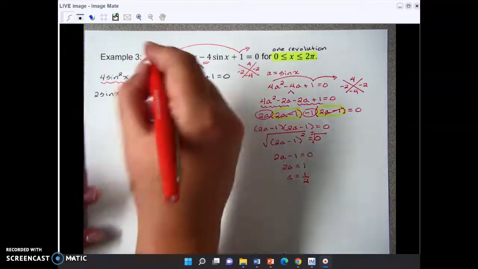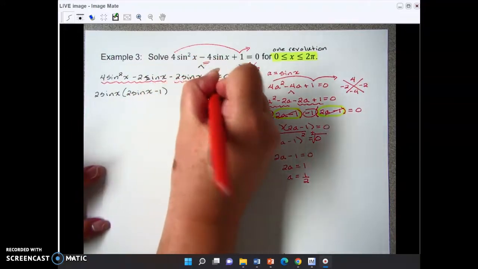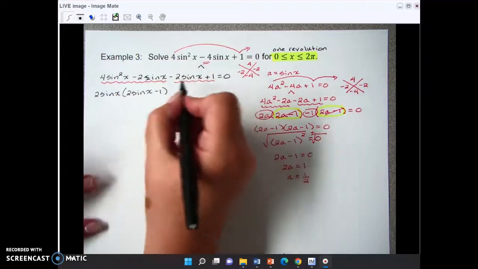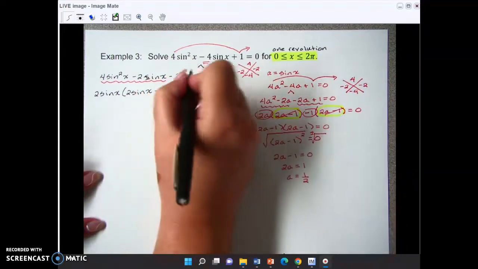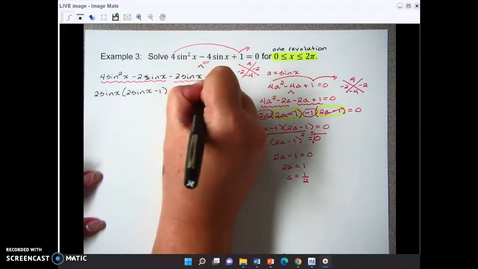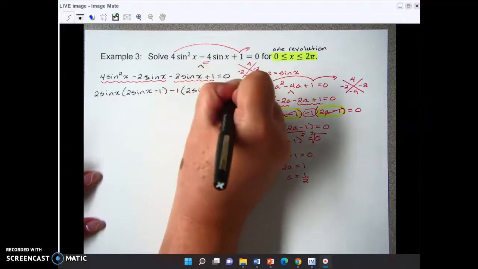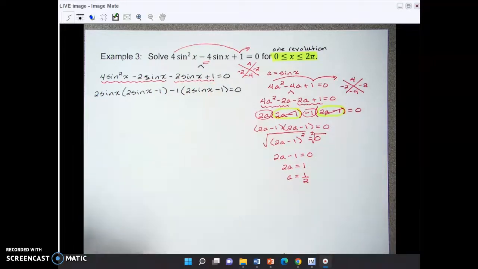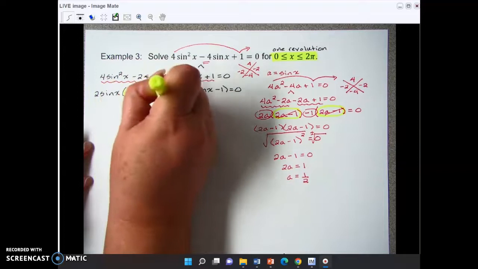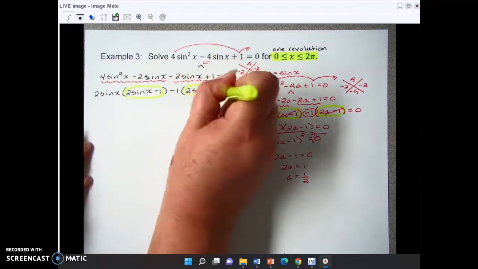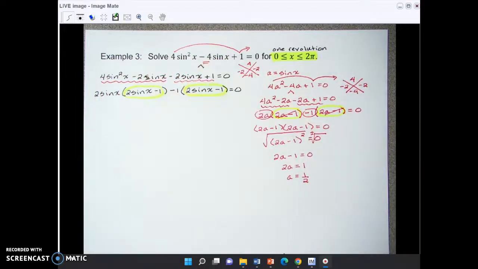And then grouping these two together, they don't have anything in common, but I do have a negative in the front, so I'm going to factor out a negative 1. And that leaves me now with a positive 2 sine of x and a negative 1, factoring the 1 out of the parentheses. So I know that I'm doing it right because what's inside my parentheses matches. And so because it matches, I can factor it out.